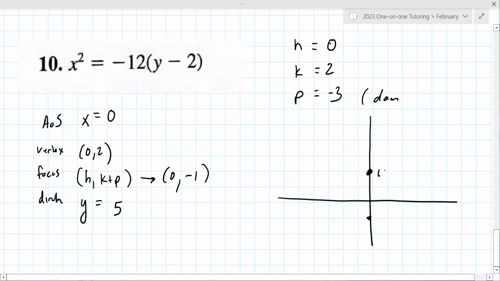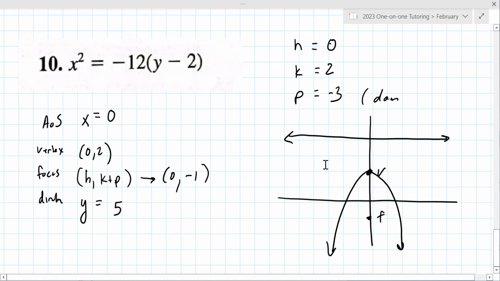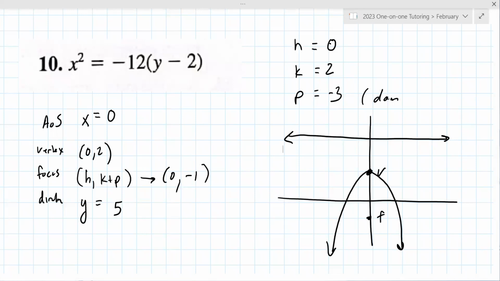I tend to do the vertex and the focus first, because then I know to kind of bound it inside. And then the directrix is last. Right. And you'll see, usually that's why I ask if you do it freehand, because usually you just see this without the grid and they just label the points. Okay. Questions on that?